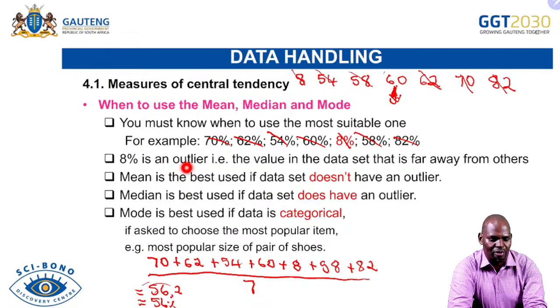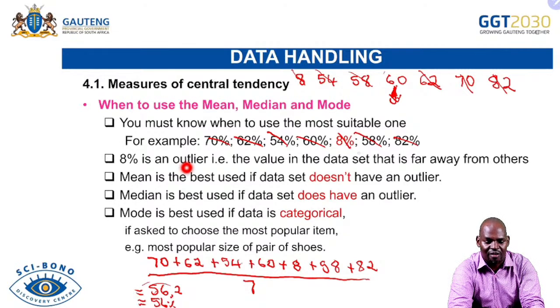Okay, so if you get a question like this one and then in the end they ask you, would you prefer to use mean, median, or mode? So obviously in this case we don't have mode, then we are left with mean or median. Then which one? We can't use mean because there's 8% there, which is an outlier, and then obviously it's bringing the summary down. Okay, so we say mean is the best used if the data doesn't have an outlier.